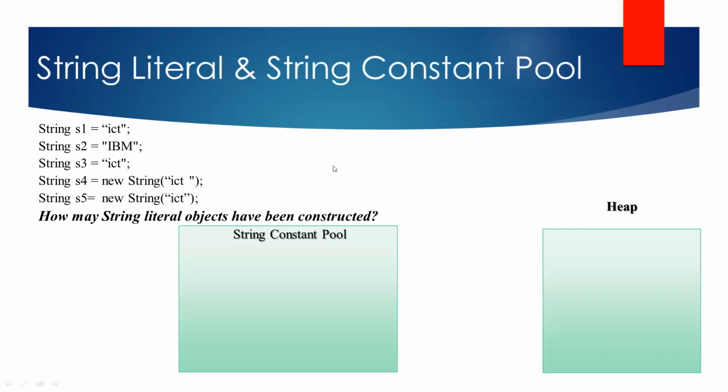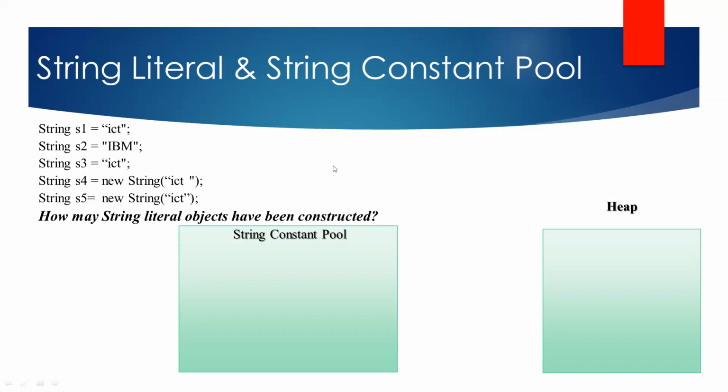Now, here is some example. I just want to make it clear to you which one is going into the heap and which one is going to the string constant pool.